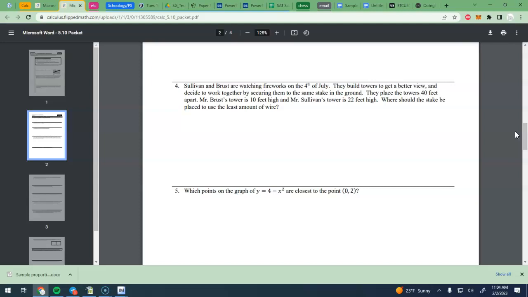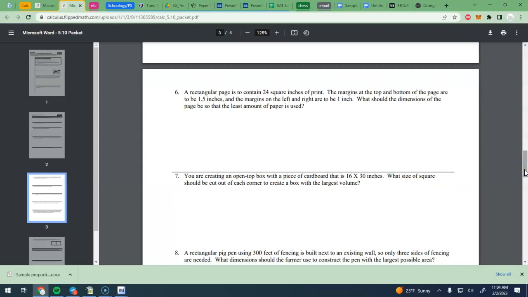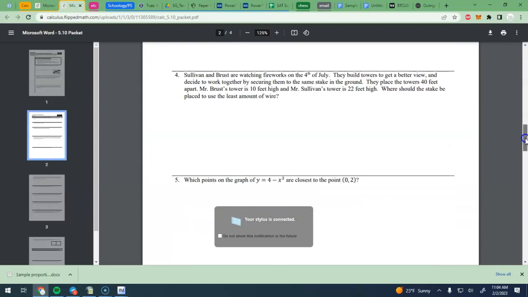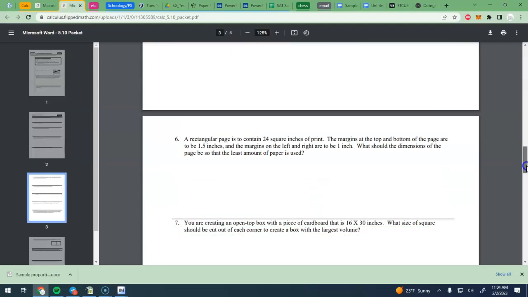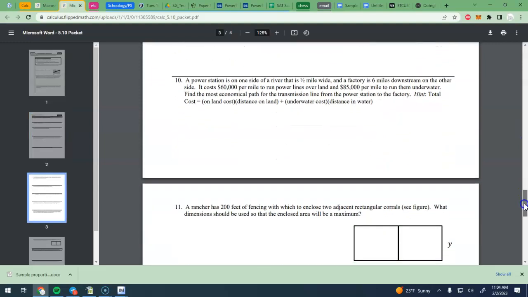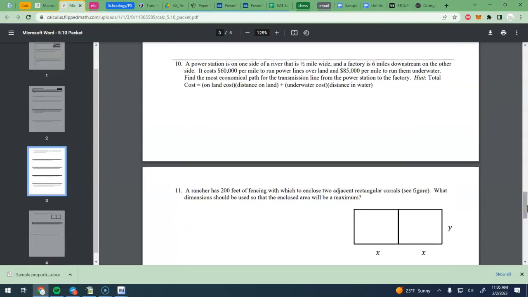Yeah, 4 is a duplicate, 5 is a duplicate. Cool. So there are duplicates. Okay. But try it. Let me know where you get stuck, and we'll do it then. Like 10, I've literally never seen before.